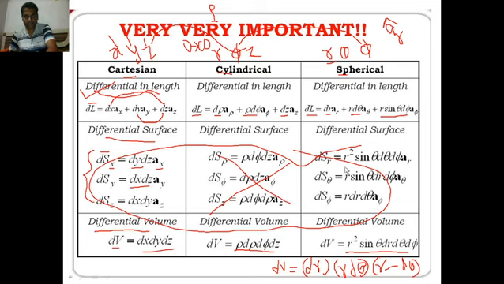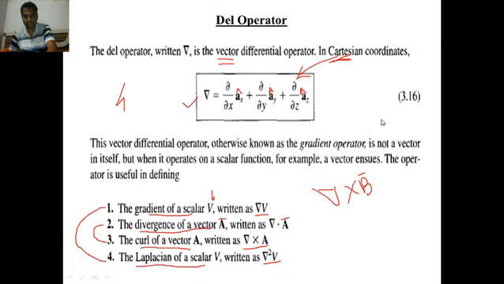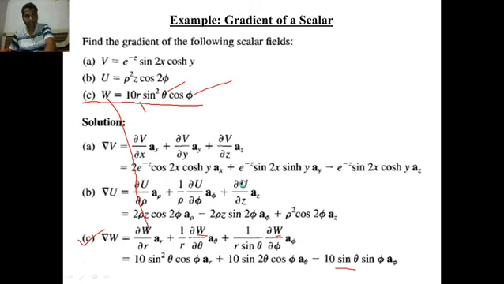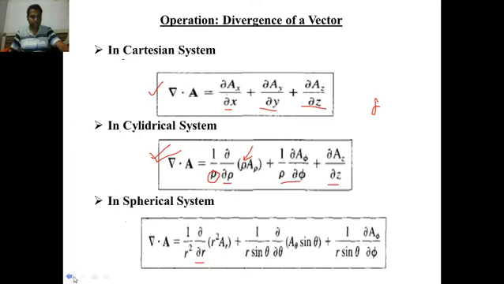Yes, what are those? dr, r d theta, r sin theta d phi. So how will you get this? Gradient operation, sorry, not gradient, divergence. How would you memorize this particular formula?